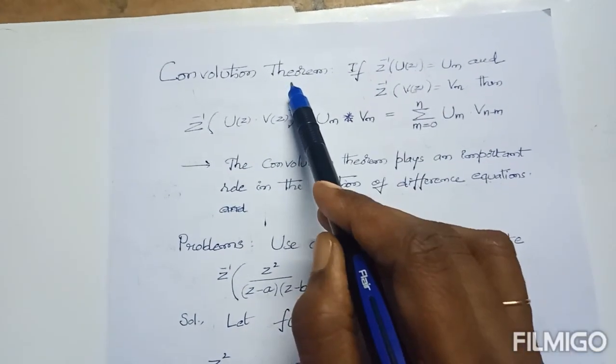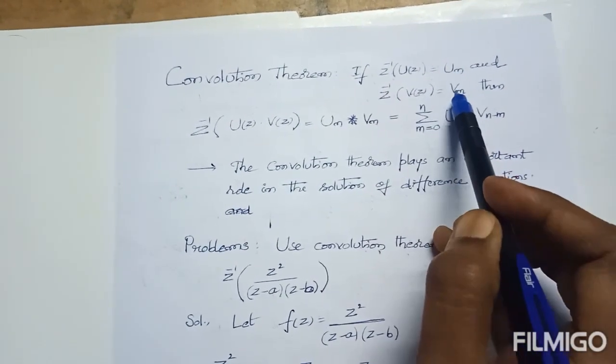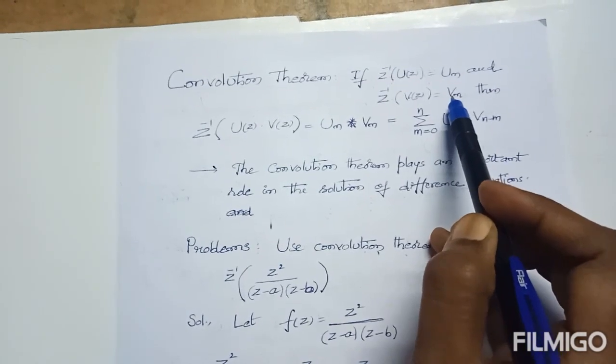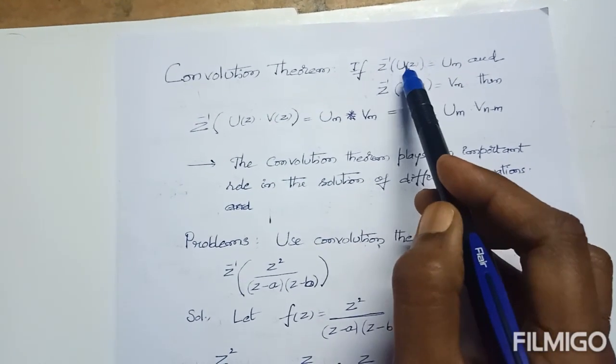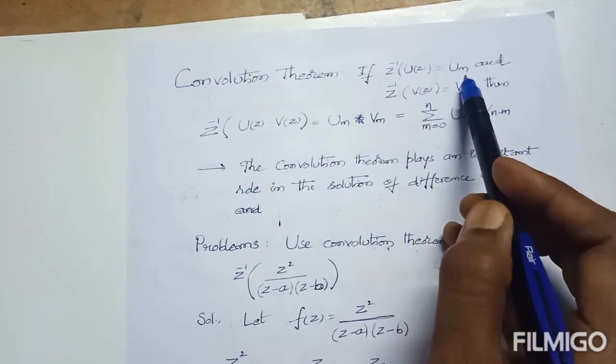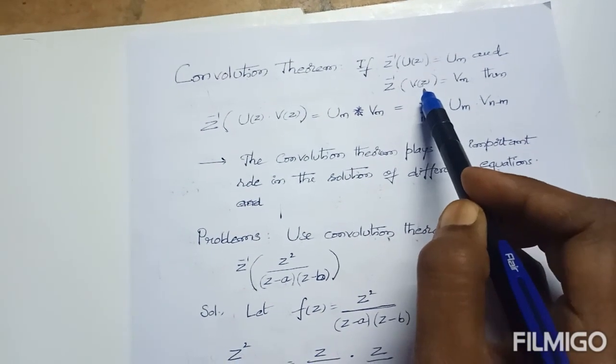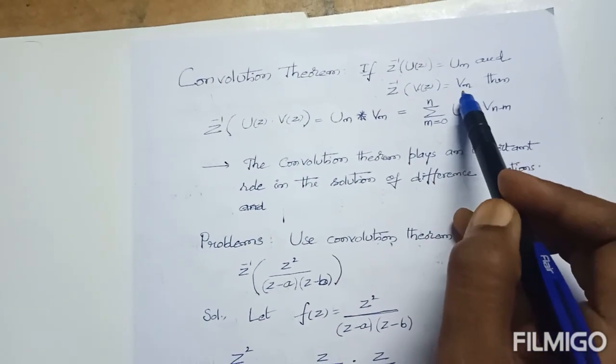To use convolution theorem, we need two sequences or two functions in terms of n. First, z inverse operated on the function U(z) gives u(n). Second, z inverse operated on the second function V(z) gives v(n).